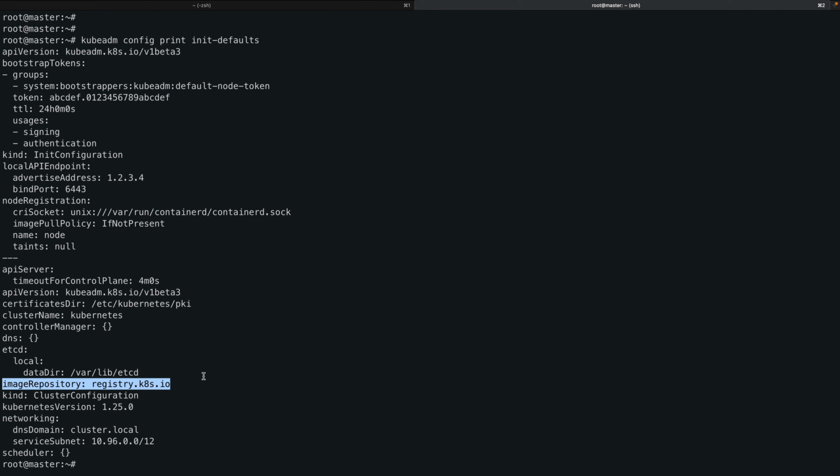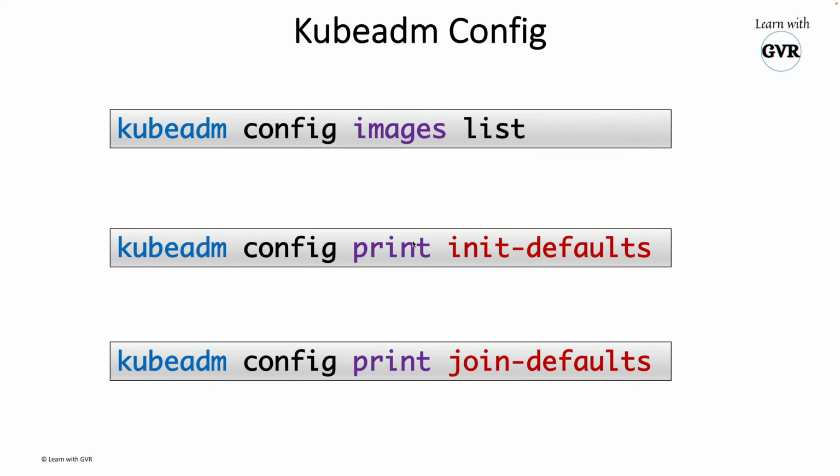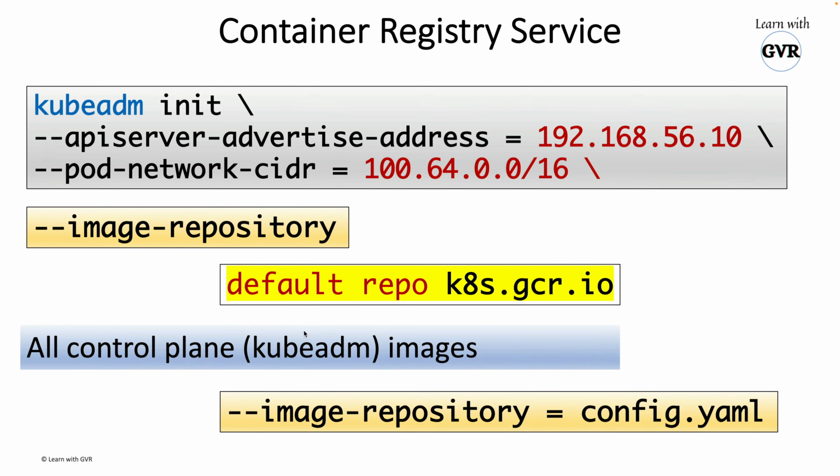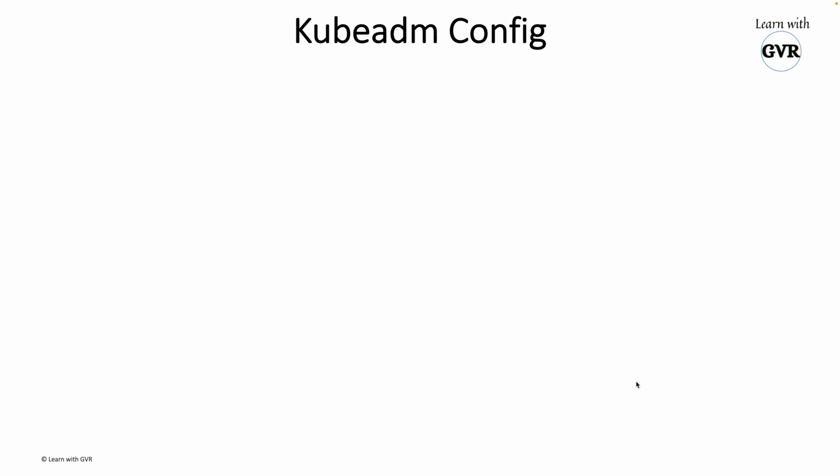If you want to provision a new Kubernetes cluster using your own image repositories, you have to create the configuration and pass it during kubeadm init, so that instead of pulling from the Kubernetes-given repo, it will use whatever you specified here.